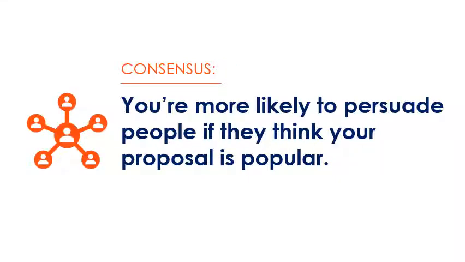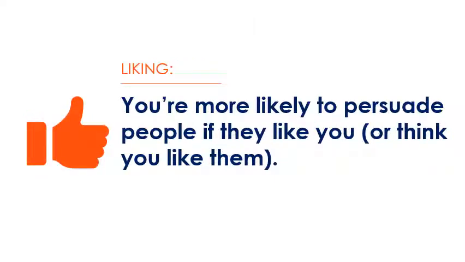Next, we've got consensus, the idea that you're more likely to persuade people if your audience thinks your proposal is popular or widely supported. The fourth principle is liking, or the idea that you're more likely to persuade your reader if your reader likes you or thinks you like them, or even simply believes that the two of you have something in common. That's liking.